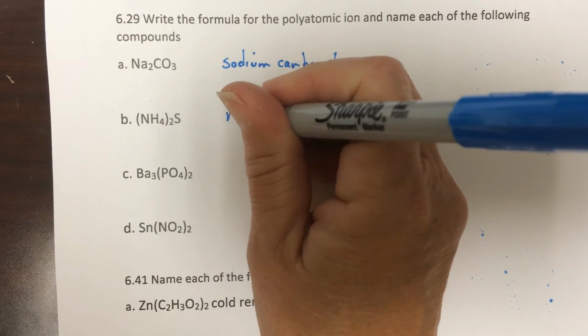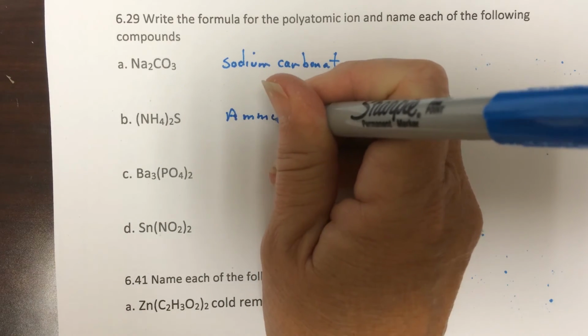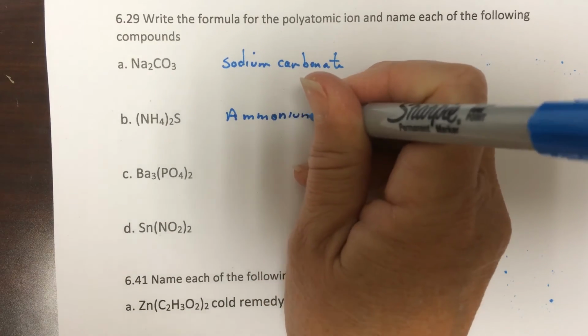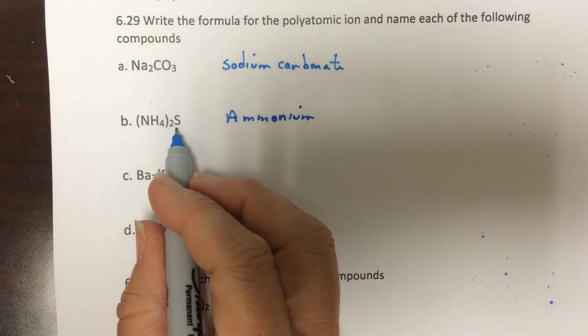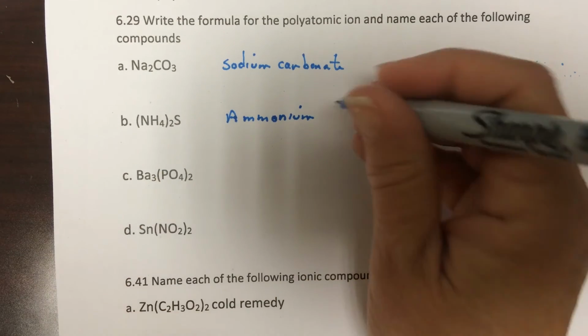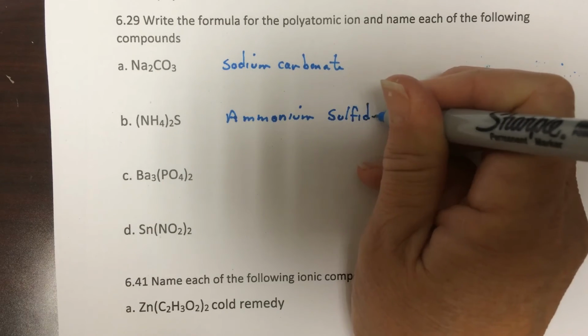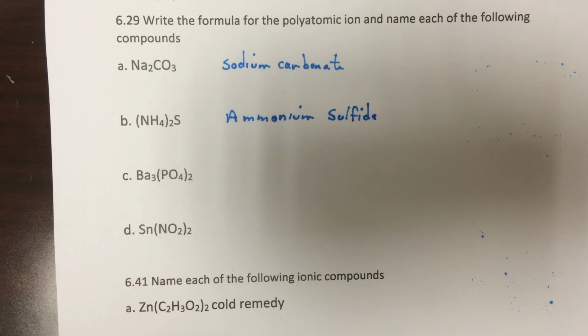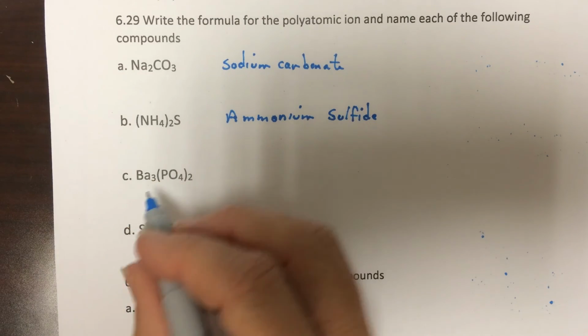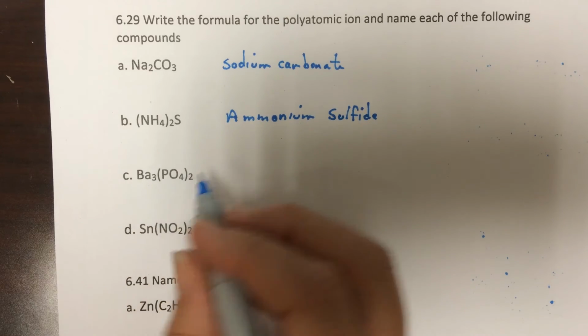So we've got ammonium, and the sulfur, just sulfur by itself, is sulfide, -ide. So there's a difference. Make sure you pick that up. This would be barium phosphate.